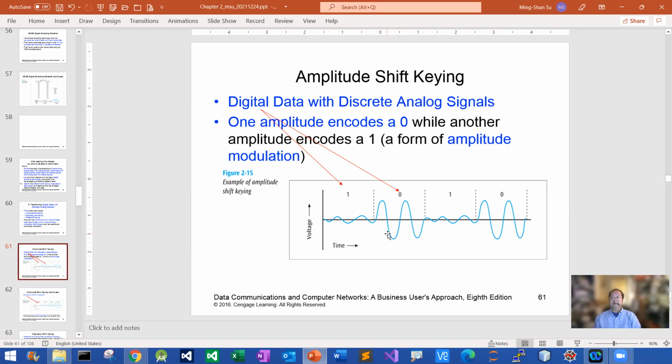So we can transmit data depending on what kind of amplitude we want to use, but we use only two of them here. Figure 2-15 shows an example of amplitude shift keying.